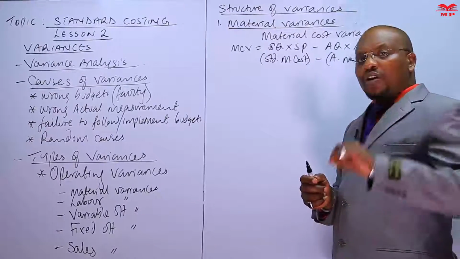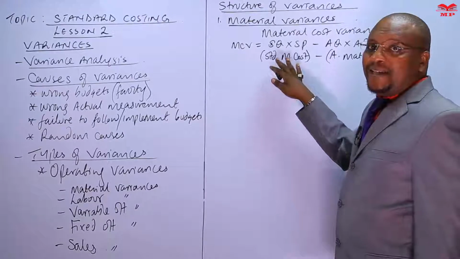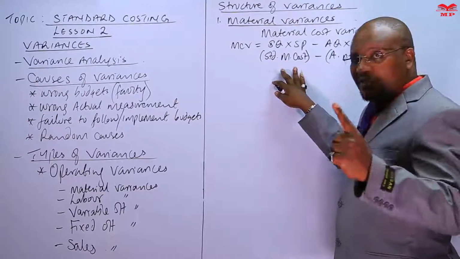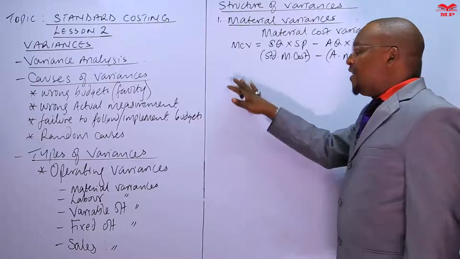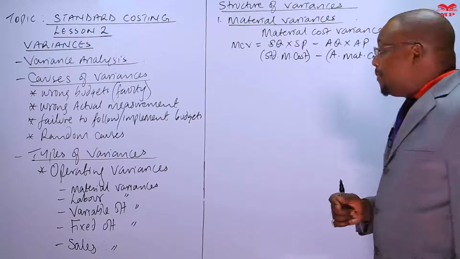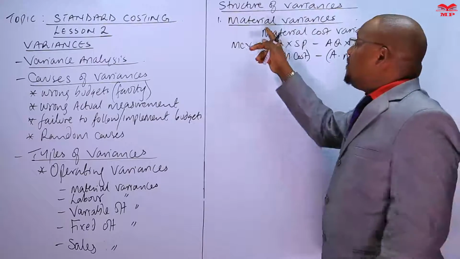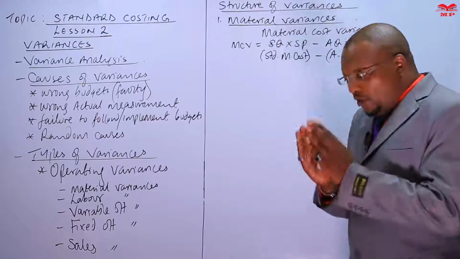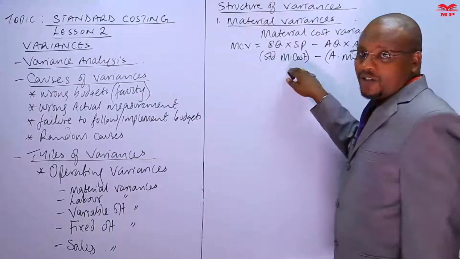Otherwise, in the original or fixed budget, we do have what we call the budgeted material cost. But from the flexible, we can get the standard material cost. So even though we will not be preparing the flexible budget, we'll be preparing the flexible component that we want. Like if it's material, we prepare the flexible material cost. That's what we'll be calling standard material cost.